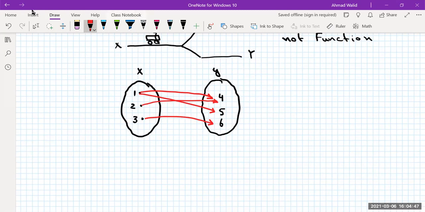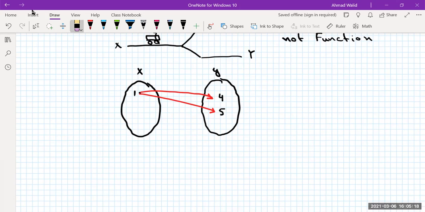If I erase the others, if I erase 2 and 3, and just keep 1, this kind of relation, that one element in the domain has more than one corresponding in the range, you cannot call these types of relations functions.